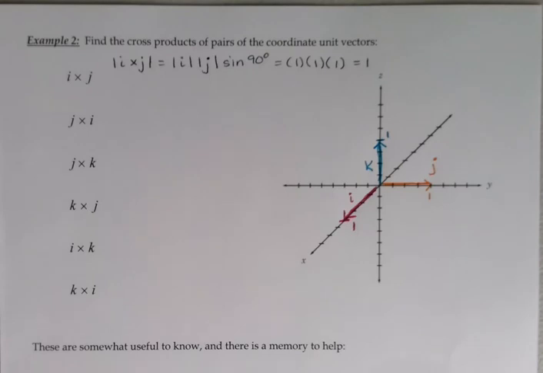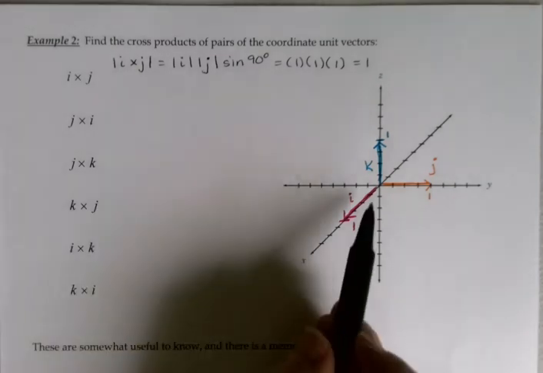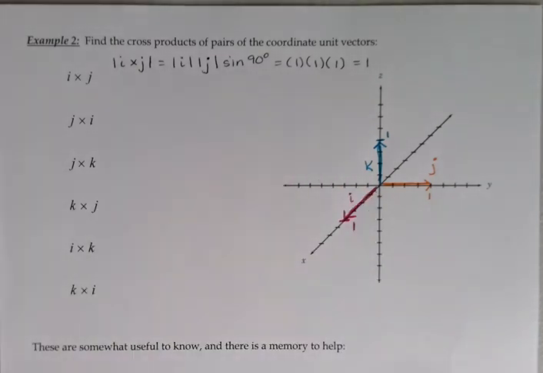Now what about the direction? Well, think about your right-hand rule here. You want to think about putting the heel of your hand at the origin, lay your hand along I, which is coming straight out of the paper, curl your fingers toward J, and where does your thumb point? Let's see if I can do that.